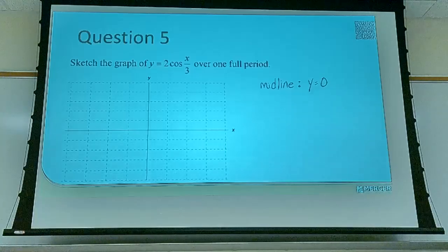Midline still y equals 0, the x-axis. Amplitude now is 2. Period is 2 pi over 1/3. Period is now 6 pi over here.